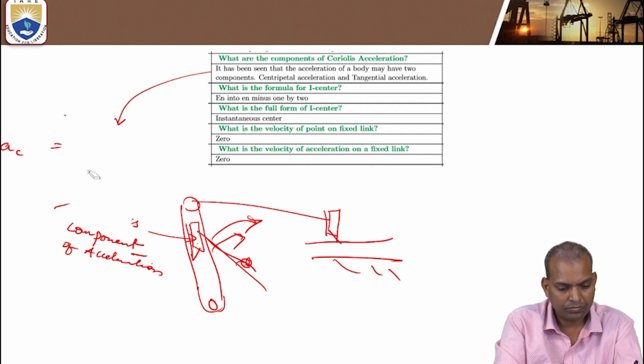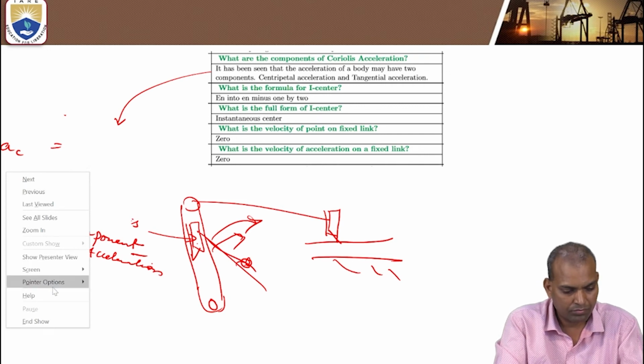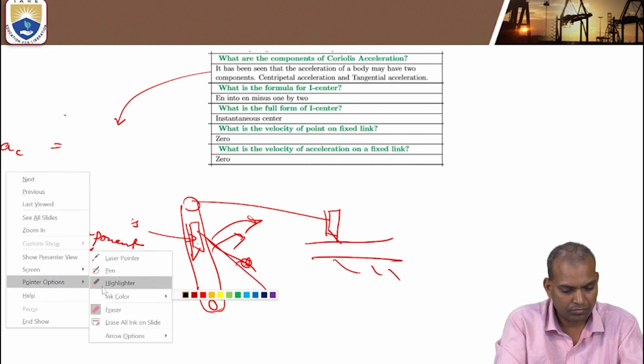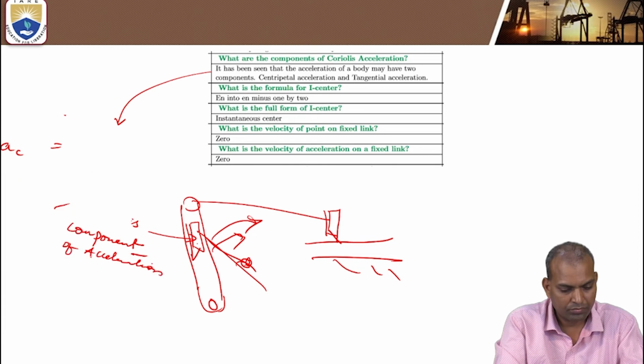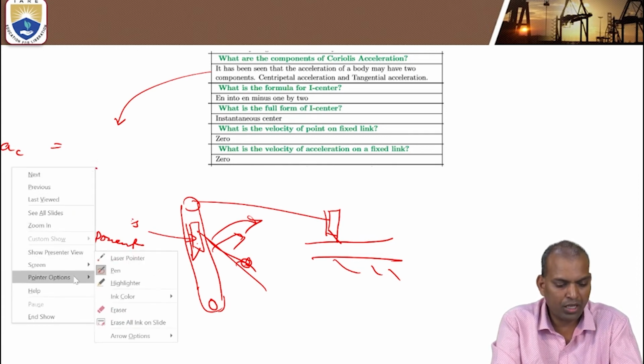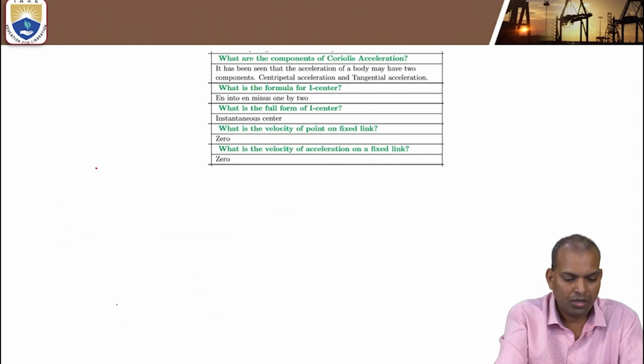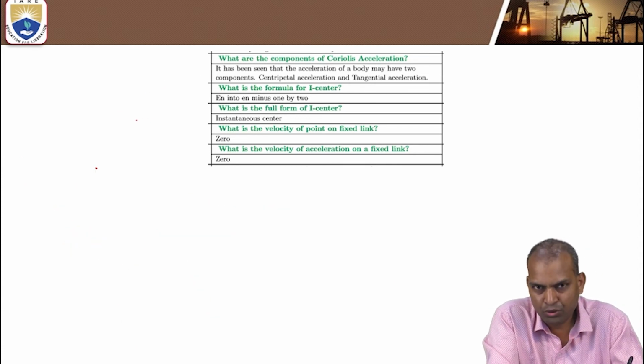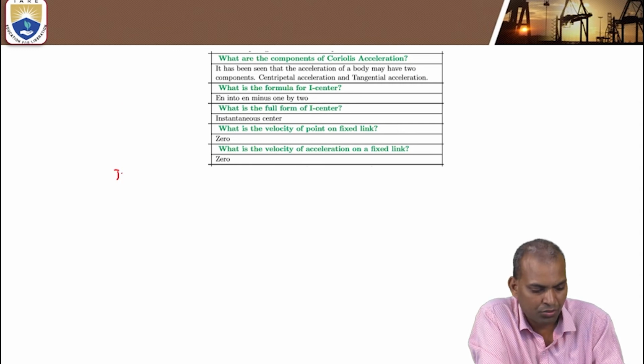Now, if you want to find out the velocity of points by using another method, that method is known as the I-center method.